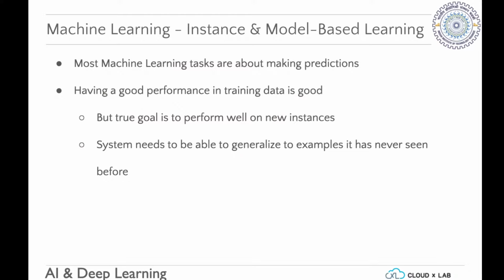A big part of the task of a machine learning algorithm is to make predictions. We spoke a lot about how different industries need to keep making predictions. So machine learning is largely used to build predictions, and you need good performance on the training data. But in the end, what really matters is how it performs on newer instances.